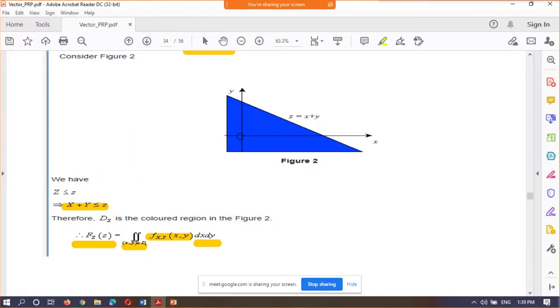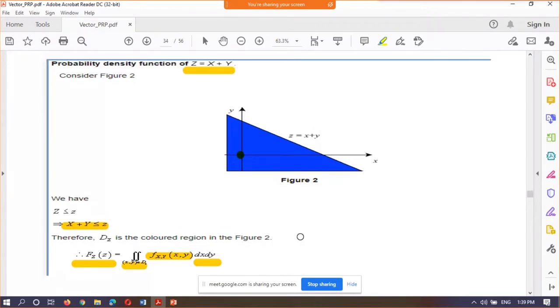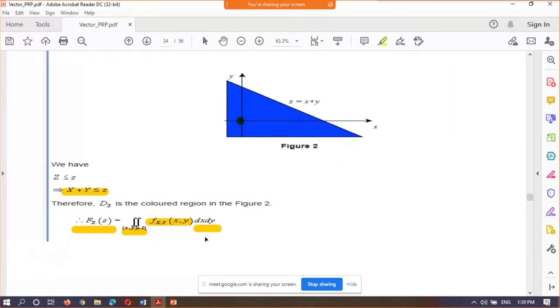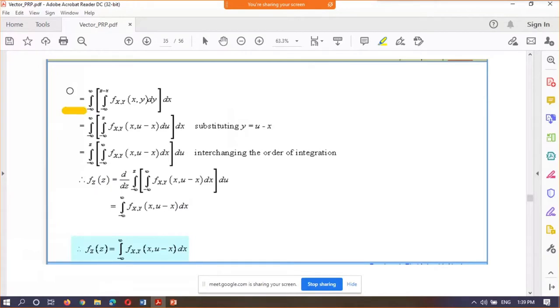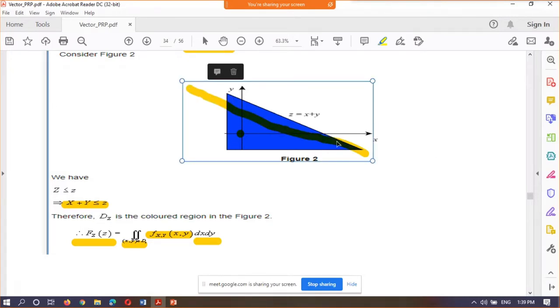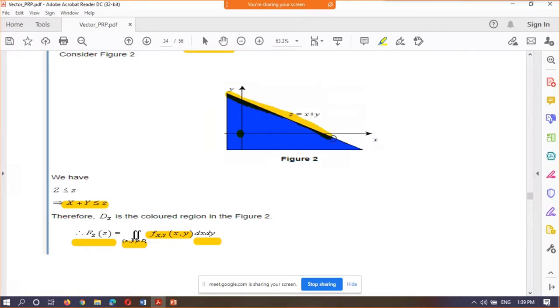So all the points below this line. You can see here he has taken the limits from minus infinity to plus infinity. We have to select all those points, that is, integrate over the infinite domain lying below the line z equals x plus y.